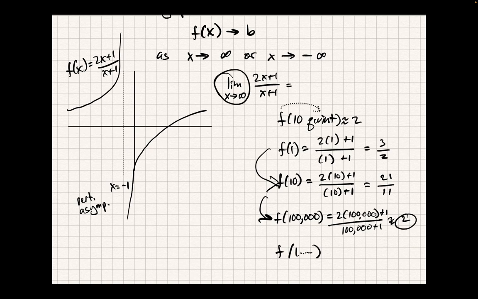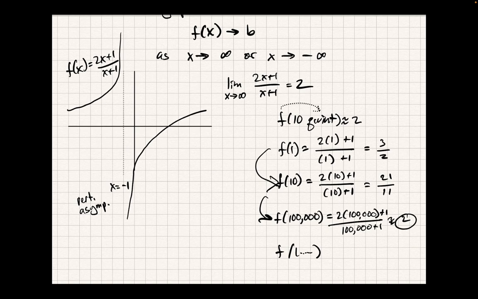Using this limit notation, I can just say it's 2. I'm noticing a pattern: if x is 50 million, it's approximately twice 50 million over 50 million, and as the numbers get bigger, this plus 1 matters less and less. So this is essentially multiplying the number by 2 and dividing by the same number, which is just 2 over 1.